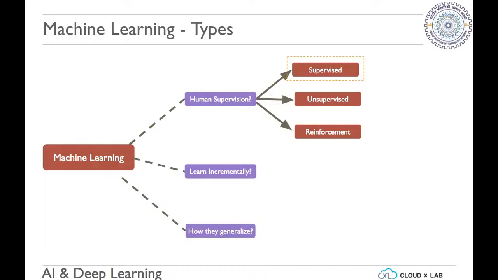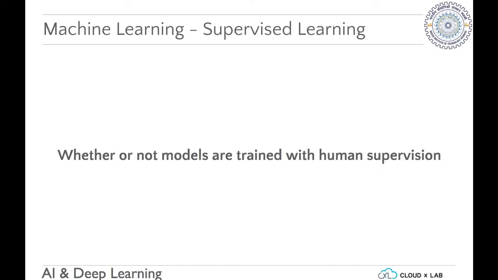supervised, unsupervised, and reinforcement. Now, supervised machine learning is a branch of machine learning, or you can say a set of algorithms, which are trained with human supervision.